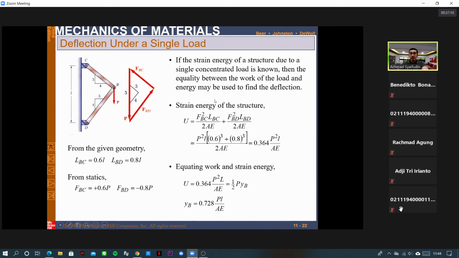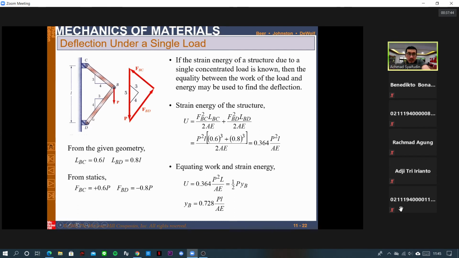Can you get what the objective of this slide is? Yeah, this is the strain energy for a structure. This is member BC and this is member BD.